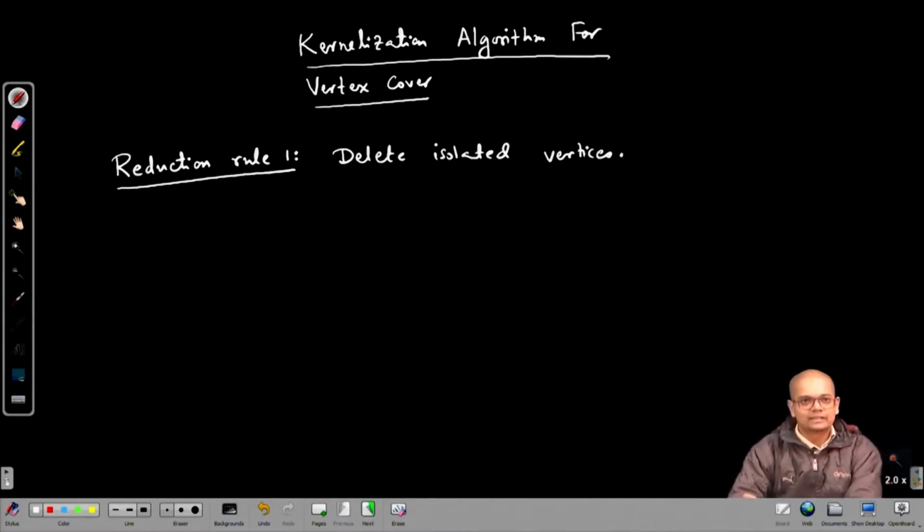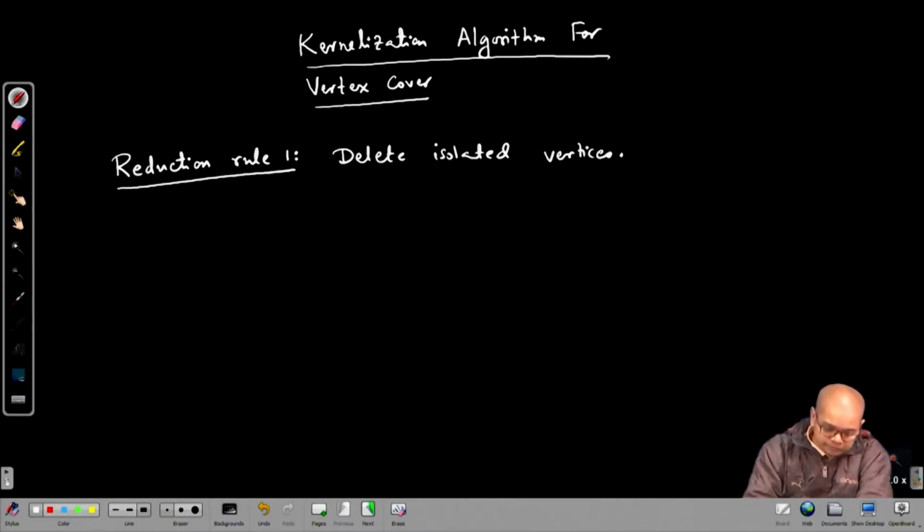Clearly the new instance is equivalent to the old instance. This does not affect the size of the minimum vertex cover because isolated vertices do not belong to a minimum vertex cover.